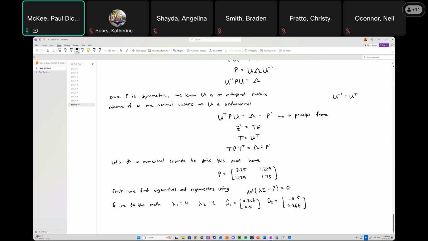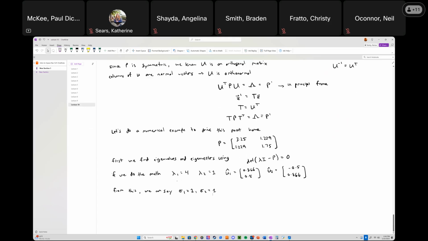So from this, we can say that sigma 1 is 2, sigma 2 is 1, and T, which is the eigenvector matrix transpose, so it's going to be U1 transpose, U2 transpose.